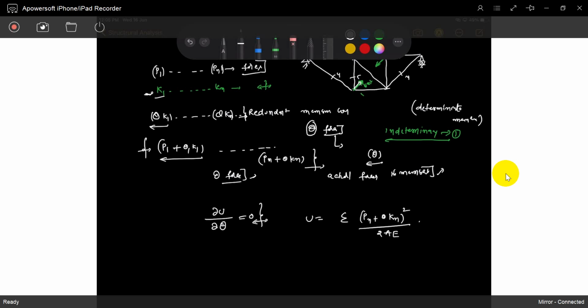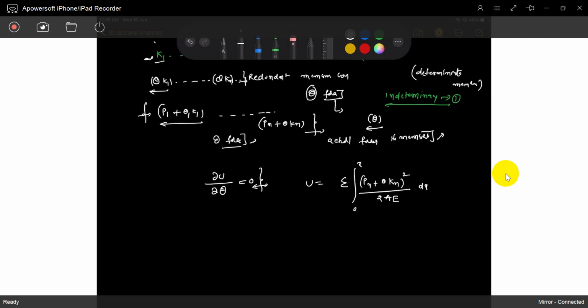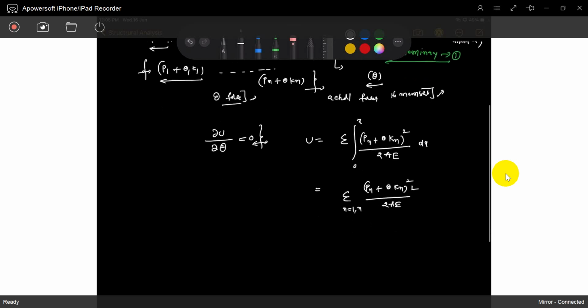Without dx, we can calculate it as the integration of 0 to x dx, but every member has length L, so we take it as length L. Sigma of (Pn plus Q Kn) squared L by 2AE, where n is 1 to the number of members. That is the strain energy. The partial derivative of the strain energy with respect to the redundant force is going to be 0, the minimum. Understood?